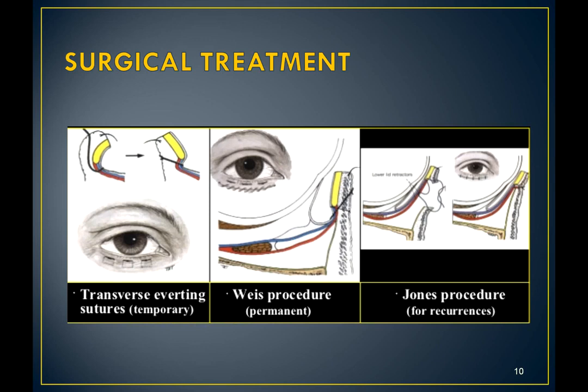It permanently cures the disease. What do we do? We make a full thickness horizontal incision in the lid, lower lid mind, just beneath the level of tarsal plate, as you are seeing the yellow tarsal plate here. Incision is made in full thickness of the lid, and then two things are done.